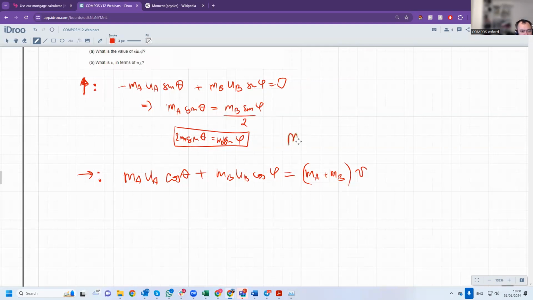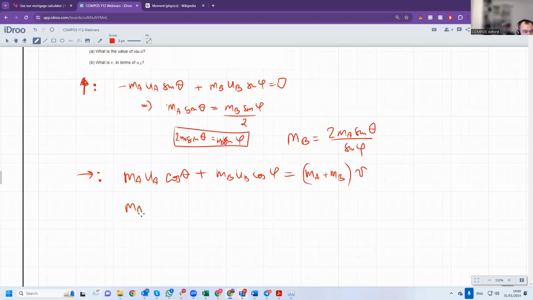So MB is equal to 2 MA sine theta divided by sine phi.